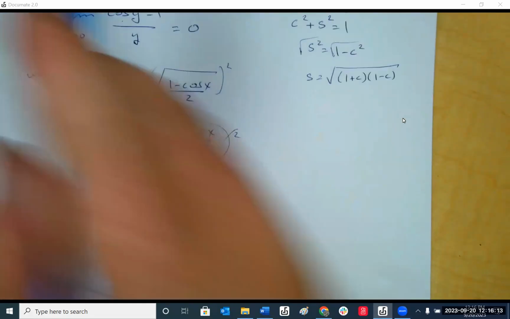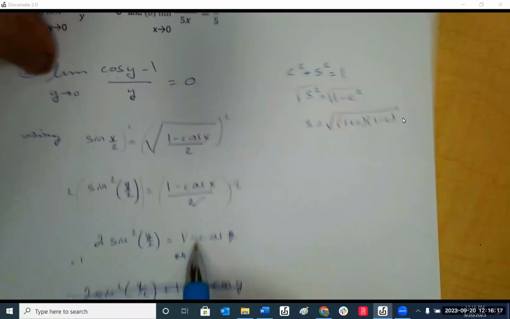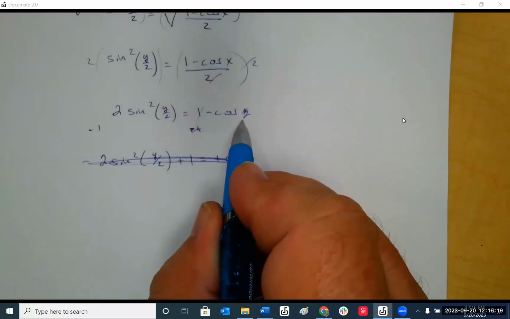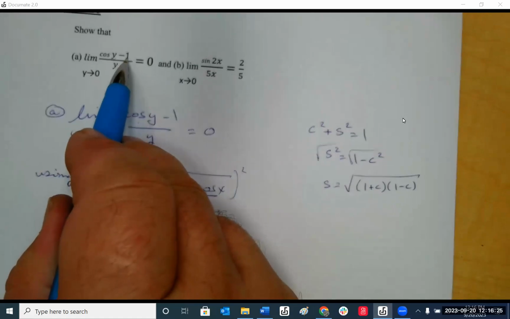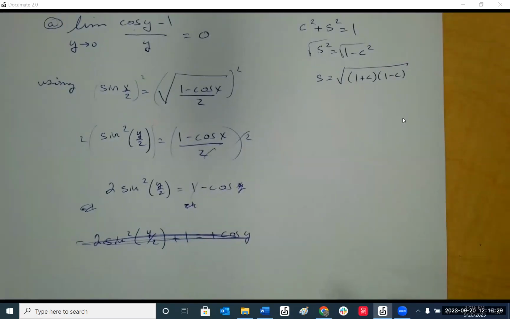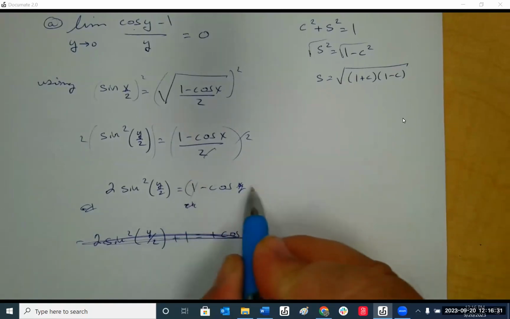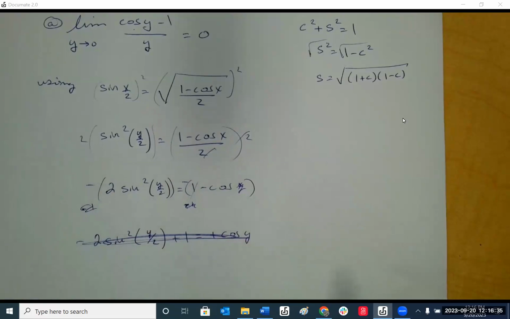So we have cosine y minus 1, and here we have 1 minus cosine y. How do we fix that? We have to get cosine y minus 1, and in the equation, we have 1 minus cosine y. When we change it to sine, just take the negative of it.